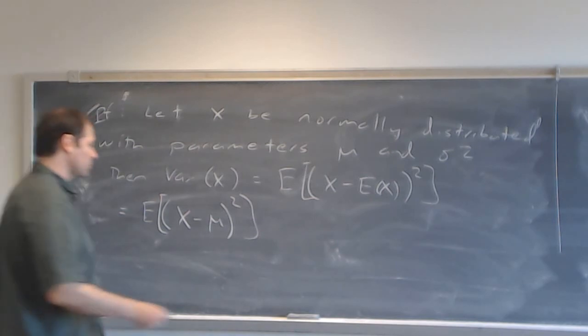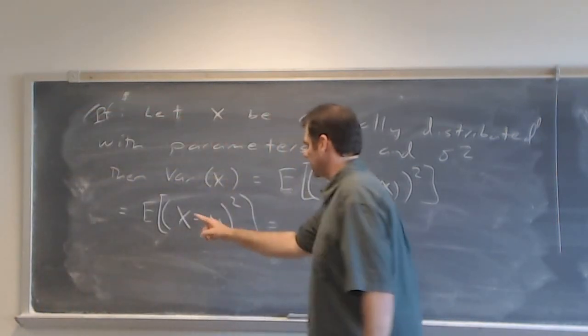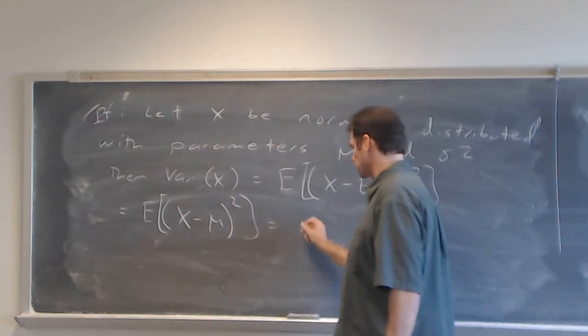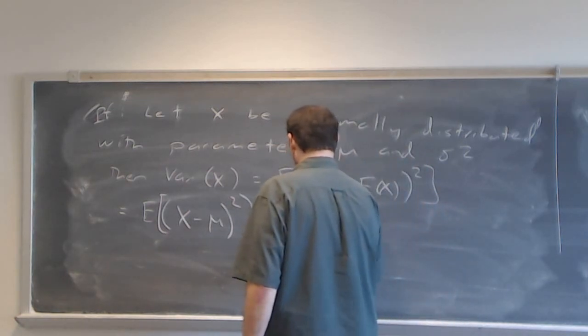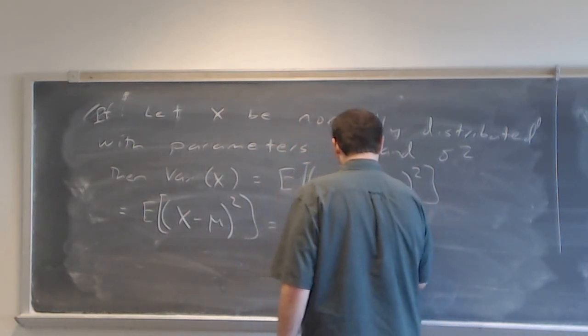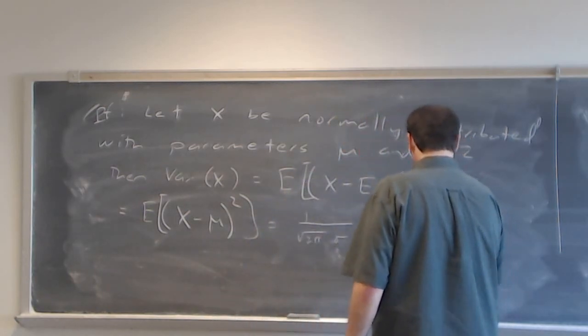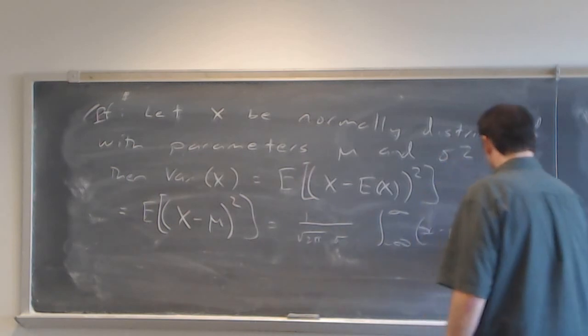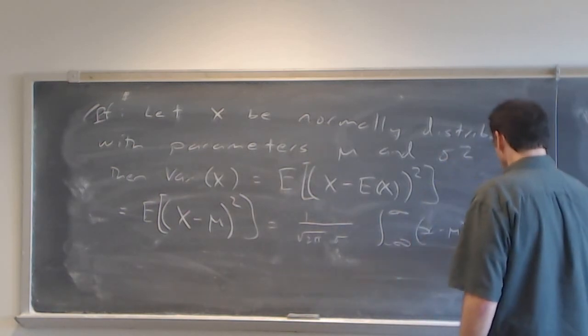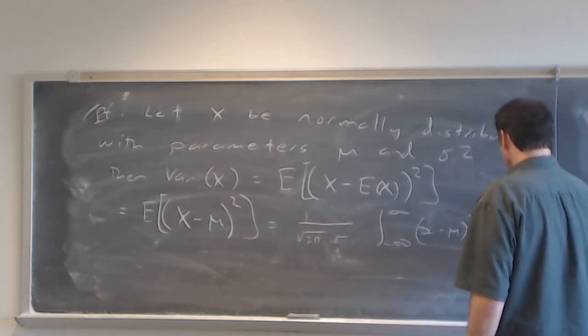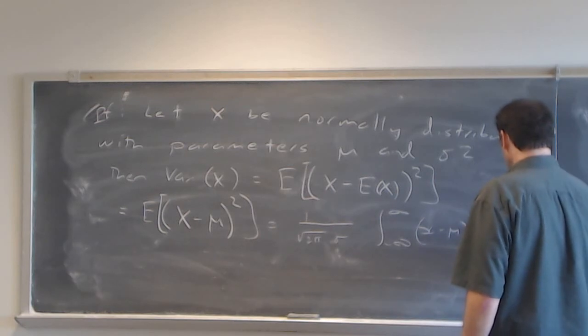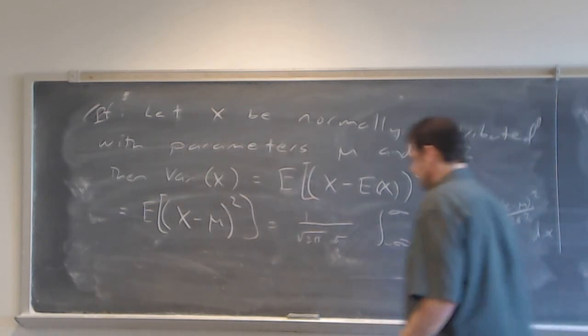By the expected value of g of x, this is equal to 1 over the square root of 2 pi sigma, with sigma in the bottom, times the integral from minus infinity to infinity of x minus mu squared times e to the minus x minus mu squared all over 2 sigma squared dx.